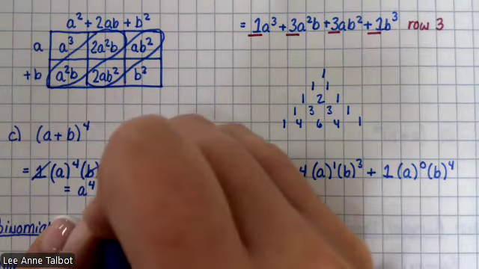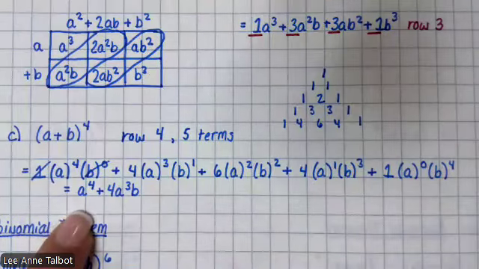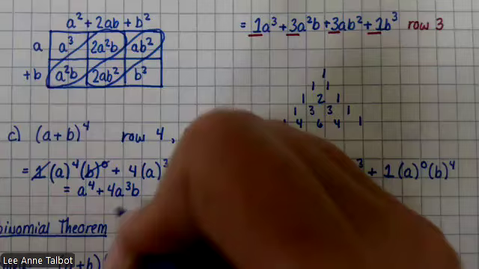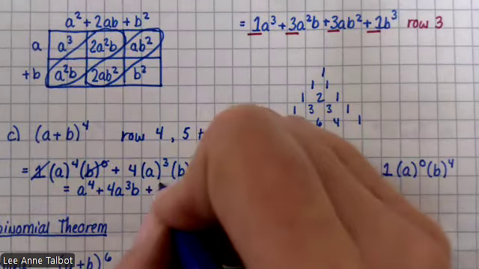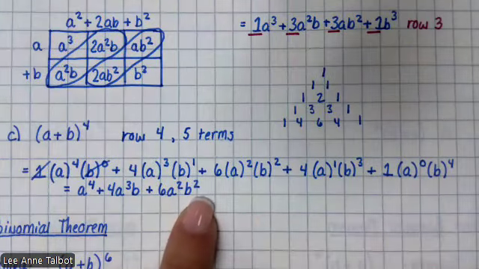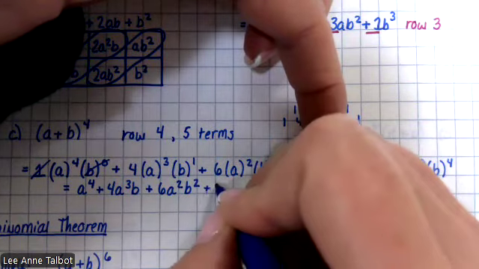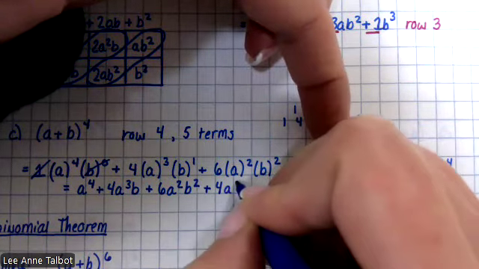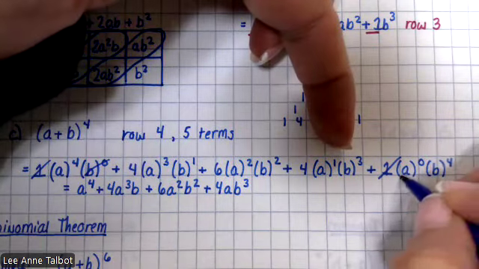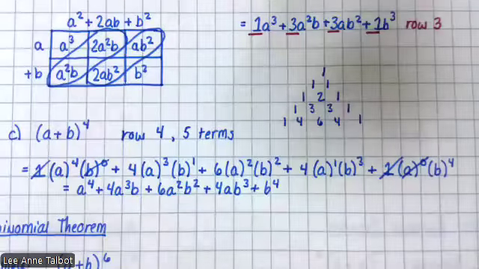So this is 4A to the 3rd B. Plus 6A squared B squared. Now I'm here. 4A B to the 3rd. Don't write the 1. Don't write the 1. B to the 4th.